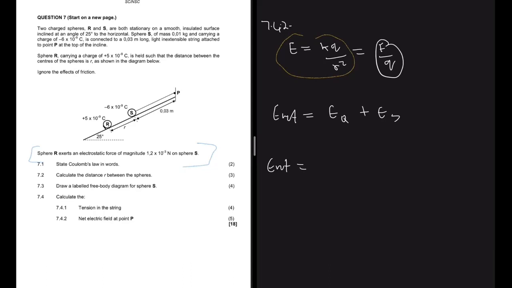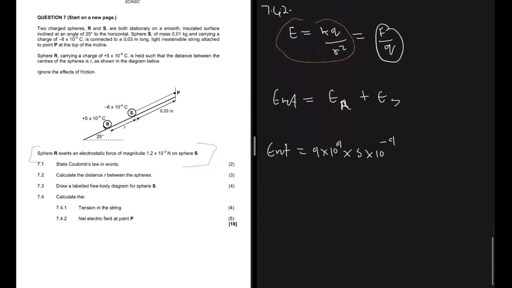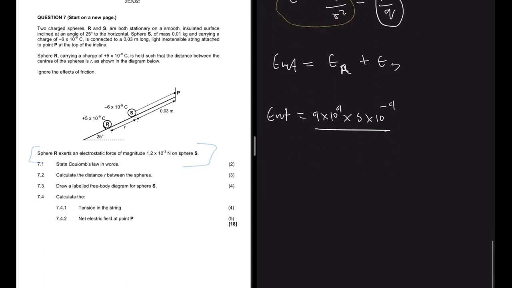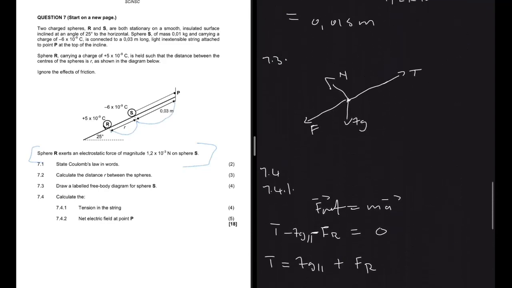So E net equals, E exerted by R, I'm sorry, I said Q instead of R. So the k, we know what k is. That's 9 times 10 to the 9, and then Q, the charge for R, that is 5 times 10 to the minus 9, divided by r squared. The distance between R and P is, look at the left hand side, the sum of this distance and this distance, right? So on the denominator we're supposed to have r.